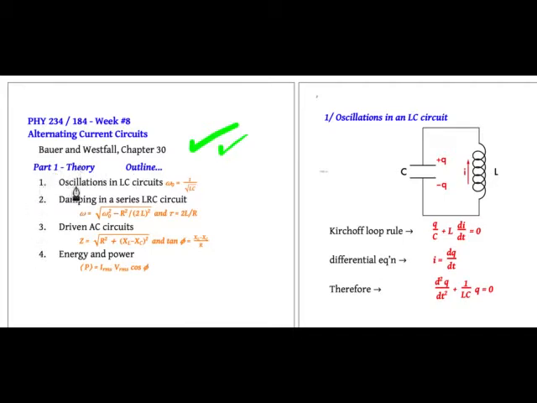First of all, oscillations in LC circuits. If there's a circuit with inductance L and capacitance C, then there can be oscillations in the circuit. And that's really the basic example of alternating current.